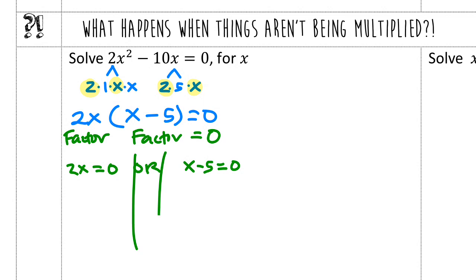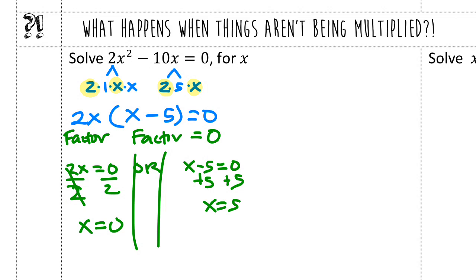This allows me to have 2 very simple equations that we can solve pretty quickly. Which leads us to our final answers. This equation is true when x equals 0 and x equals 5.